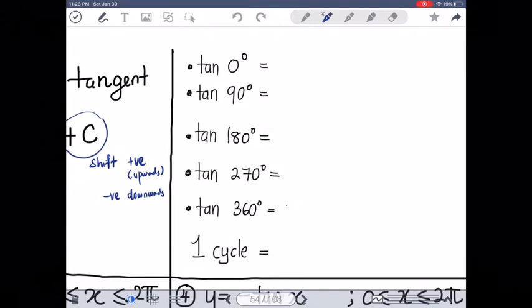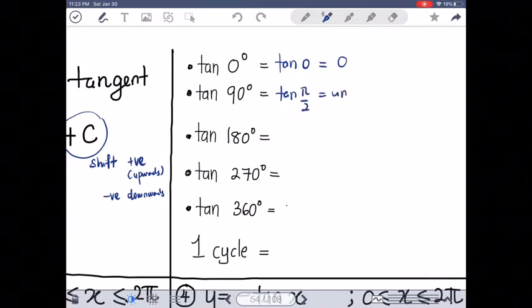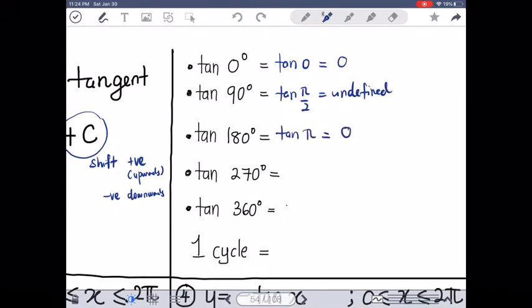If you press your calculator, tan 0, which is just tan 0 radian, is equal to 0. Tan 90 or tan pi over 2 is undefined. Tan 180 or tan pi is equal to 0.